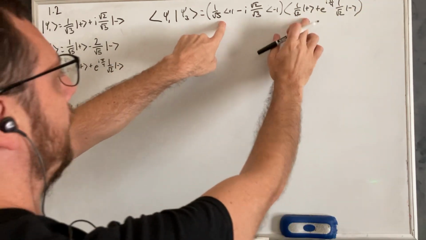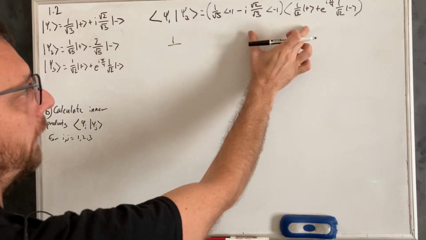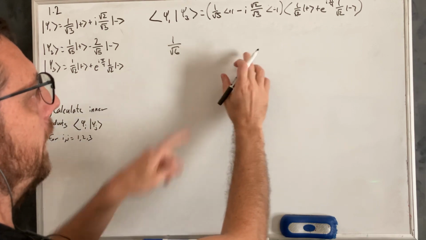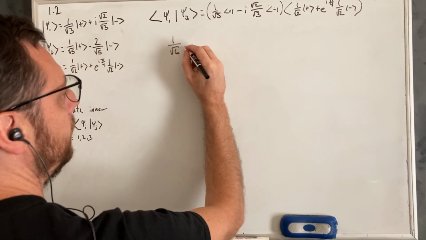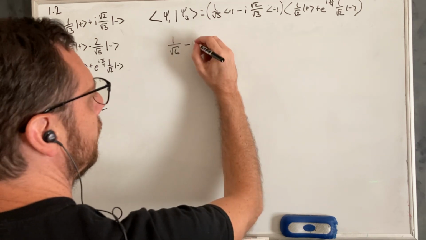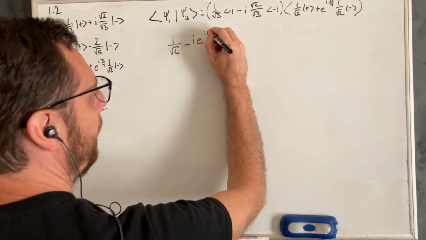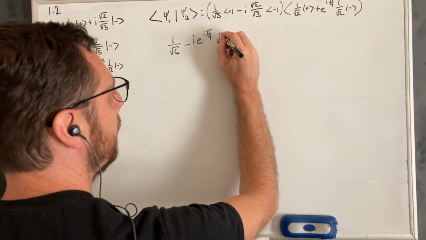Okay, so we have our up and our up, which is going to be 1 over root 3 and root 2 combined to make root 6. And then our minus, minus and minus. So it would be minus i e to the i pi over 4. We have a root 2 in the numerator.